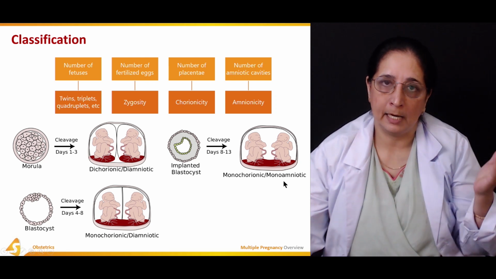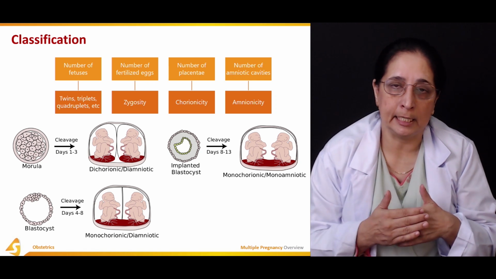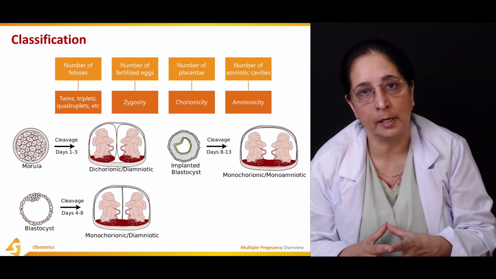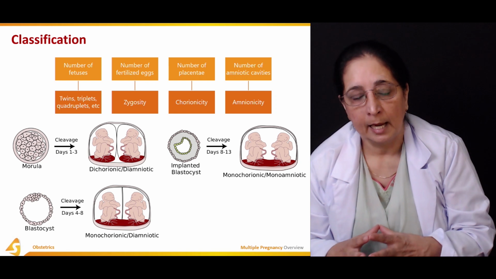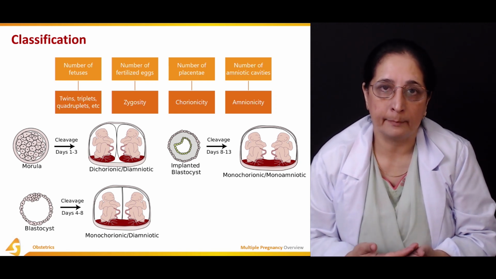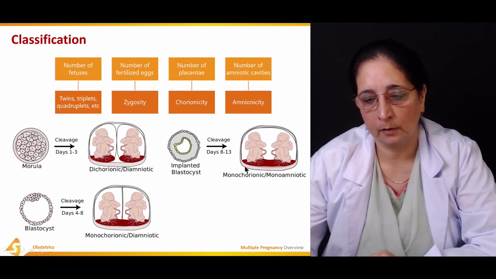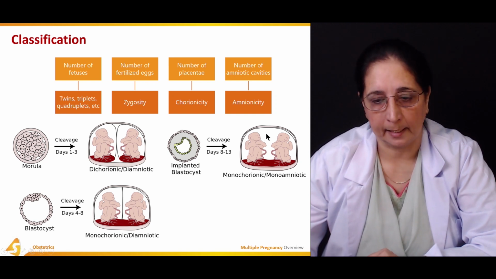So first we have dichorionic, diamniotic. Then in the second stage we have monochorionic, diamniotic. And then both are mono: one chorion, one amniotic sac. If you see, they have one chorion and one amniotic sac.